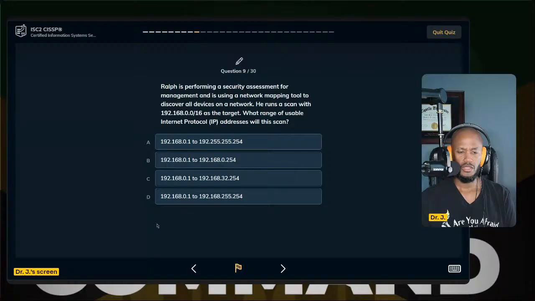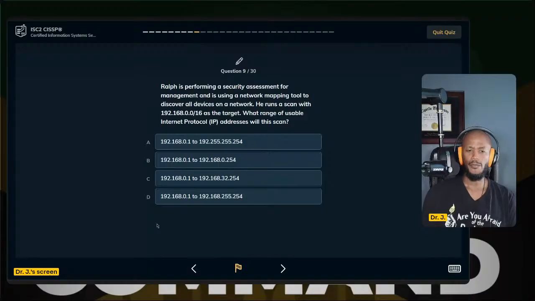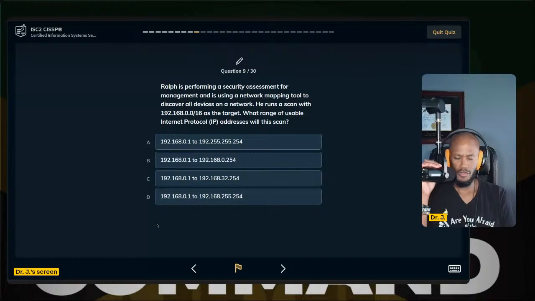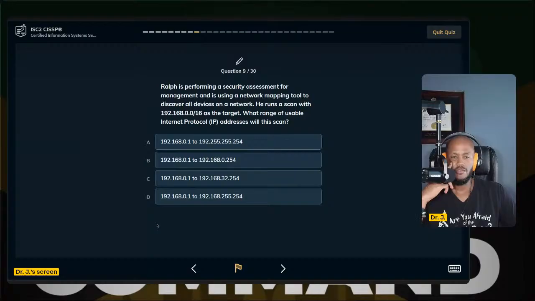Let me see, where's my calculator? 2 to the 16th. Oh, that ain't right. I was looking at Charlie. I could be wrong, but a /16 should give you 65,536 available IP addresses.